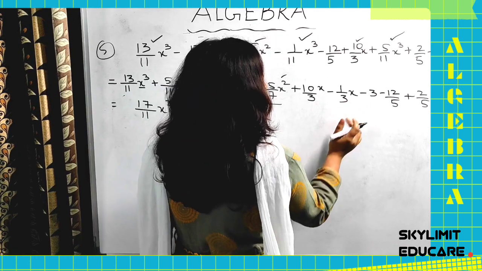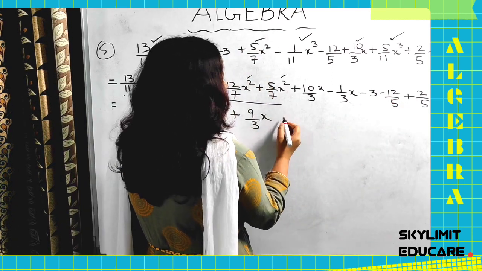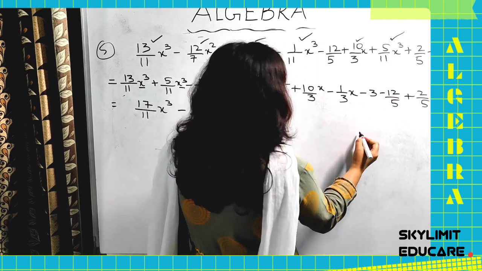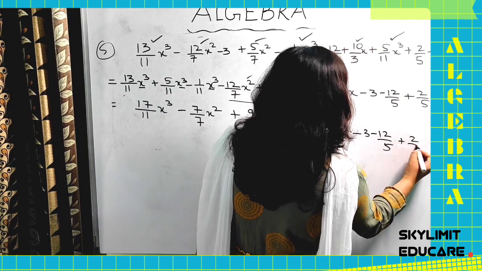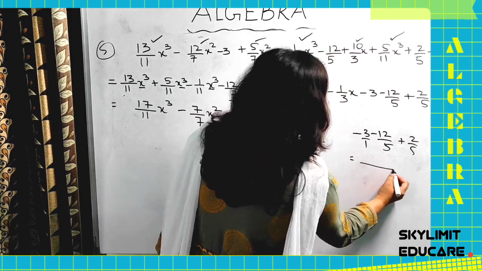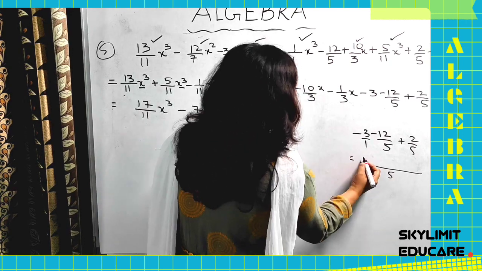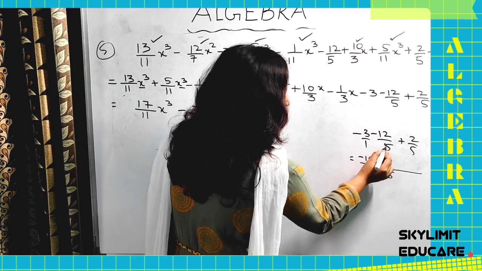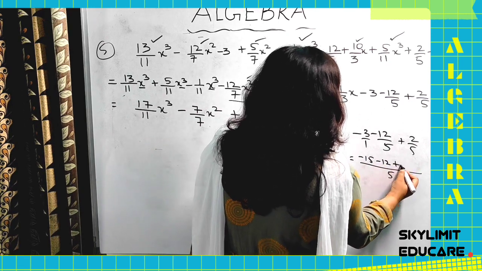Now this one: minus 3 minus 12 by 5 plus 2 by 5. So you can solve it if you want. Just I'll show you in the rough. It's better to do in the rough. You know, the denominator of minus 3 is 1. LCM will be how much? 5, obviously. So this is minus 15, then this will be minus 12, and this will be plus 2.